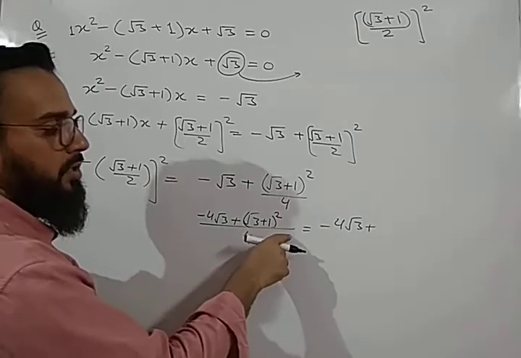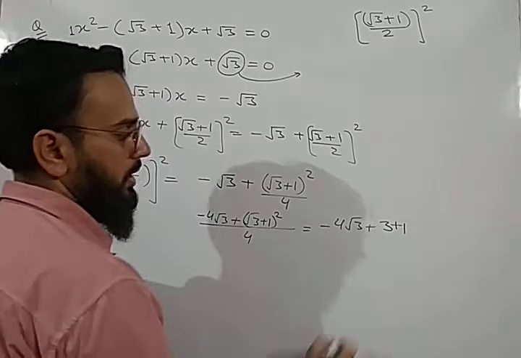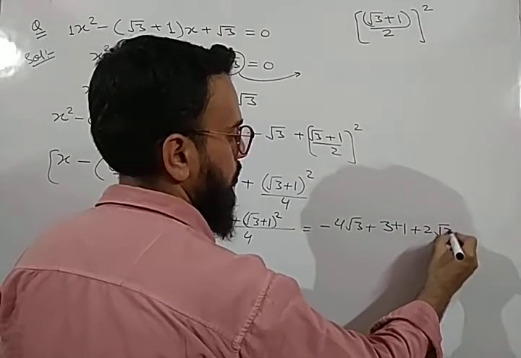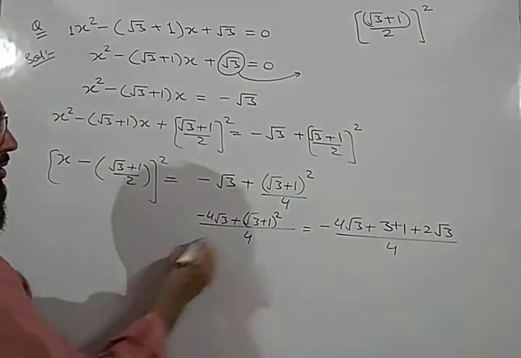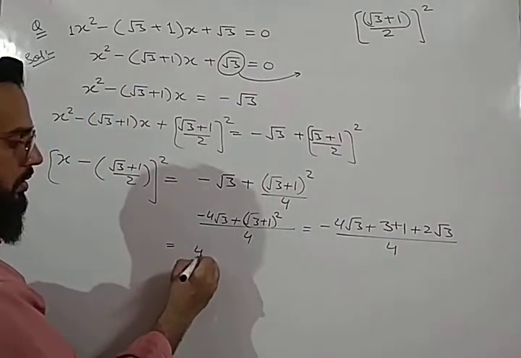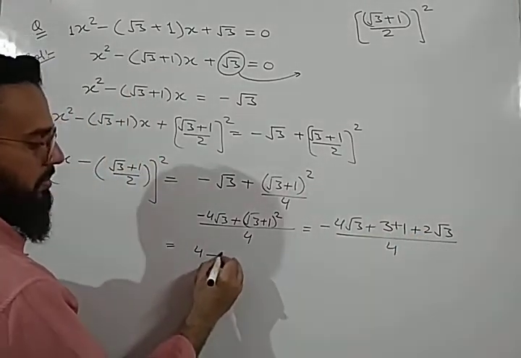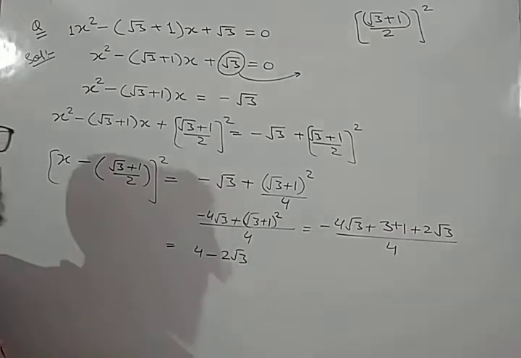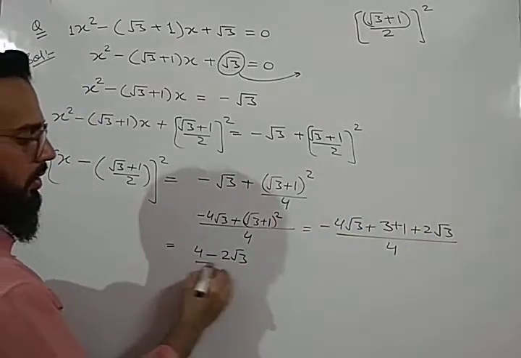It is (a plus b) whole square, which is a square, that is 3, plus b square, that is 1, plus 2ab, that is 2 root 3, and the whole upon 4. So on the right hand side, 3 plus 1 is 4, and minus 4 root 3 plus 2 root 3 gives minus 2 root 3. So this is (4 minus 2 root 3) whole upon 4.